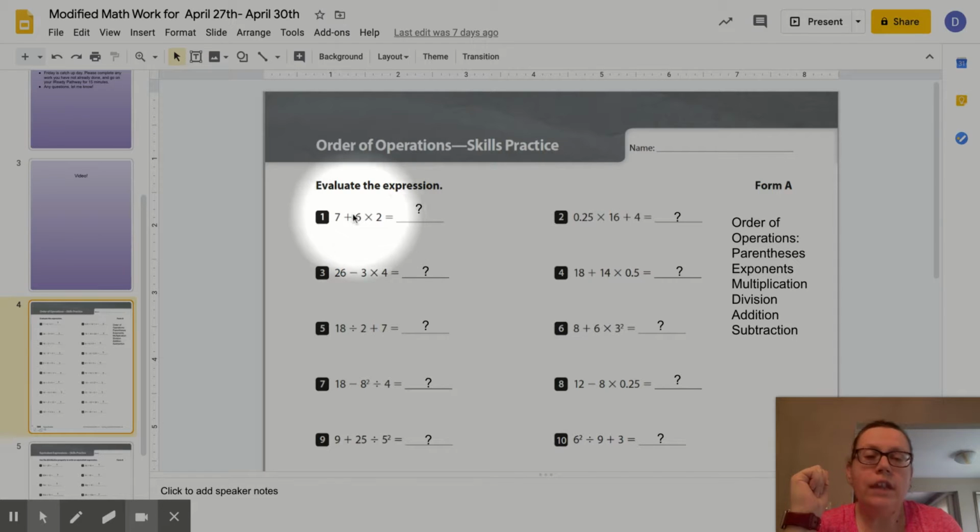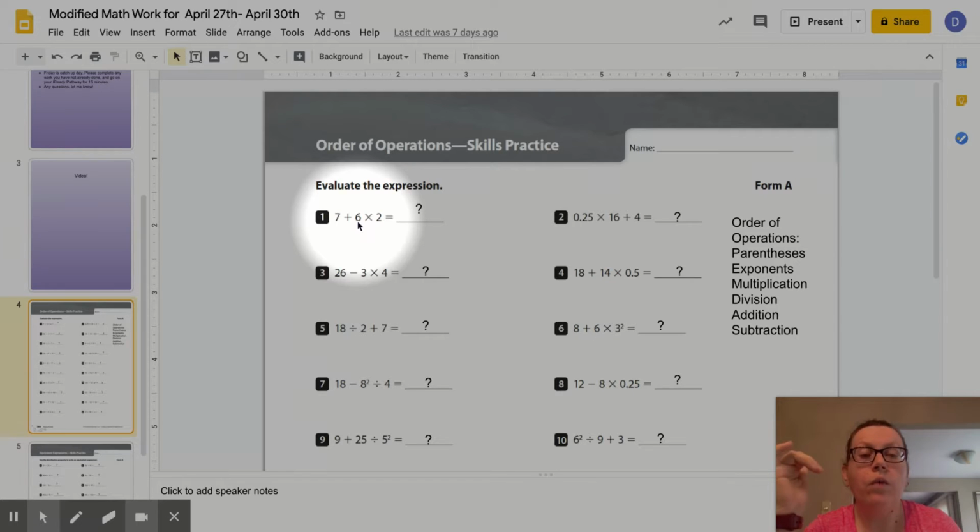So when we see a problem like the first one, we have to think to ourselves, what am I going to do first? And the first thing that you should ask yourself is, are there any parentheses? And in this problem, no, there are not.